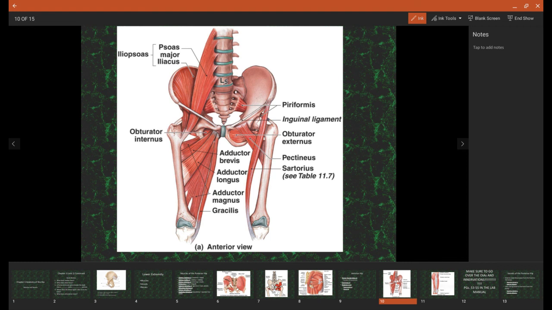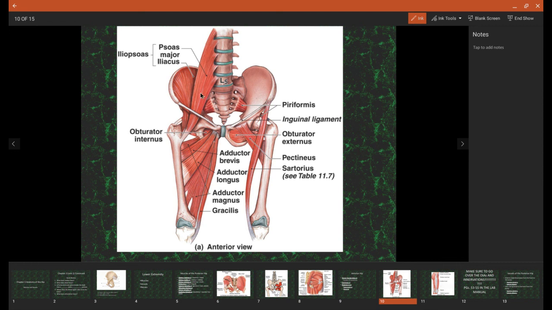So as we take a look here, we see psoas major right here, and psoas major is actually going to be originating on the transverse processes and the bodies, which we'll discuss parts of the vertebra in a future unit, but it's originating on these lumbar vertebra, those specific features.